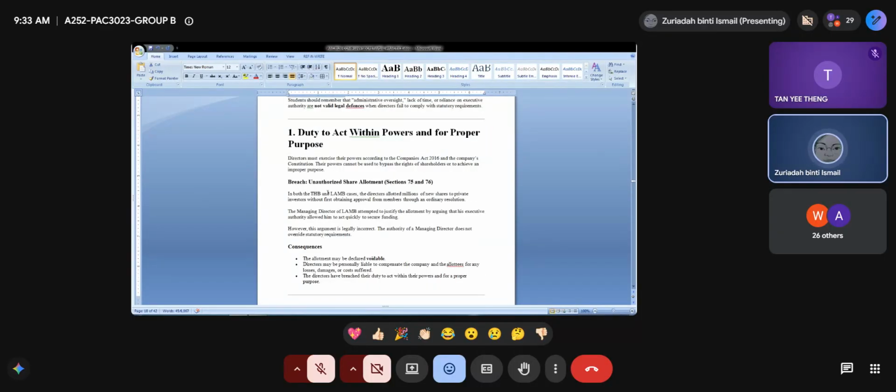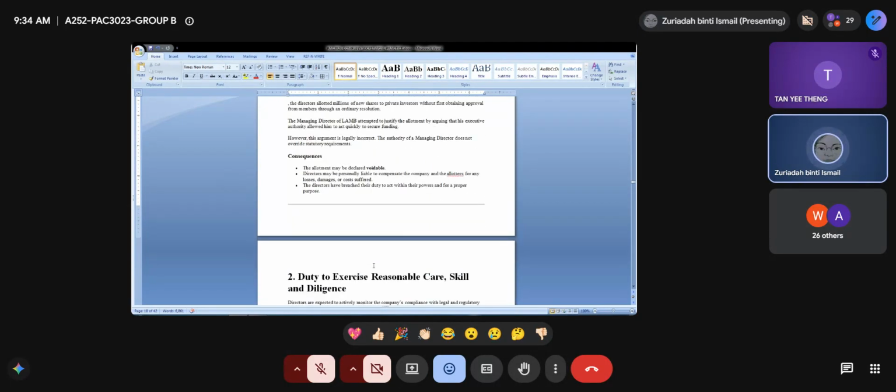For example, related to illegal share allotment, in that case the director allotted 1 million shares without permission. So this is the consequence as I mentioned just now.